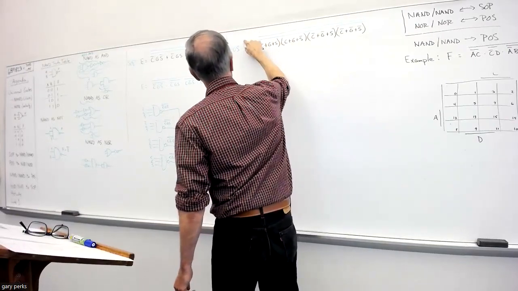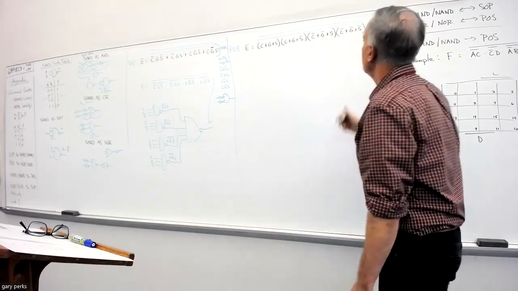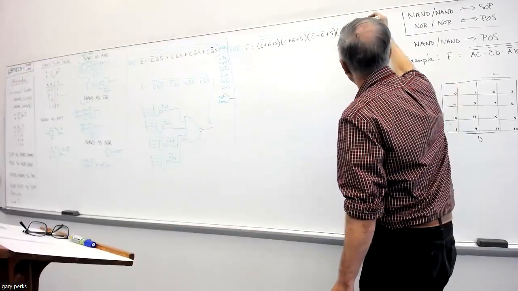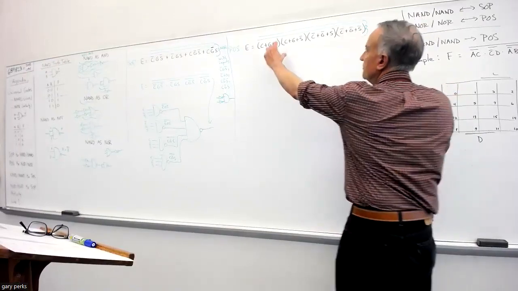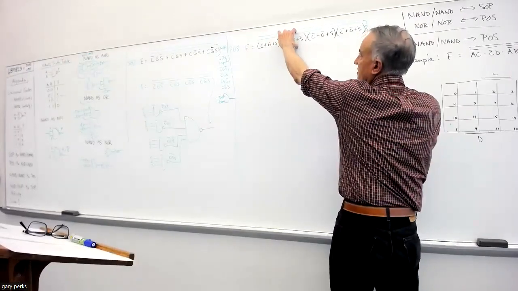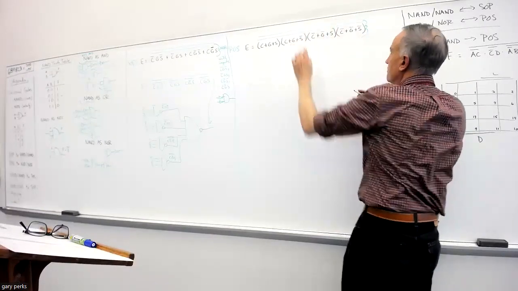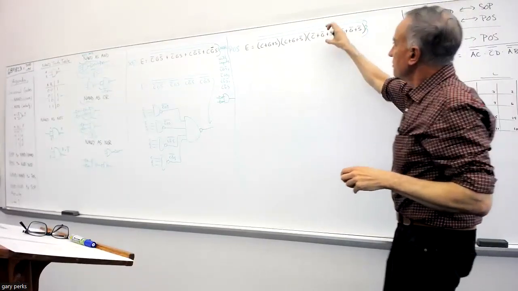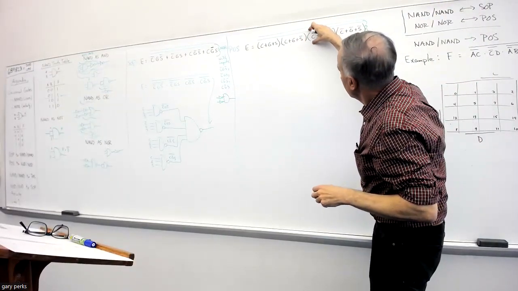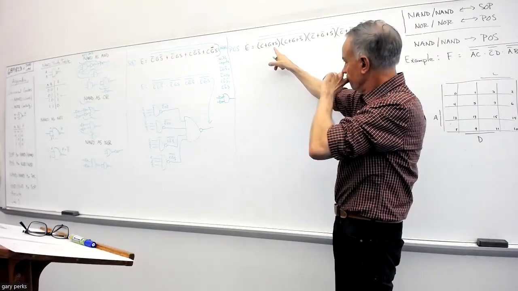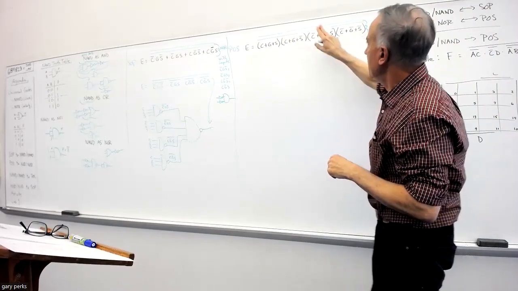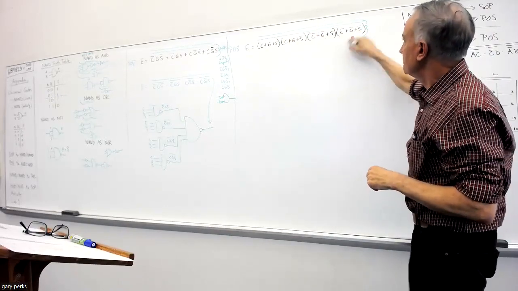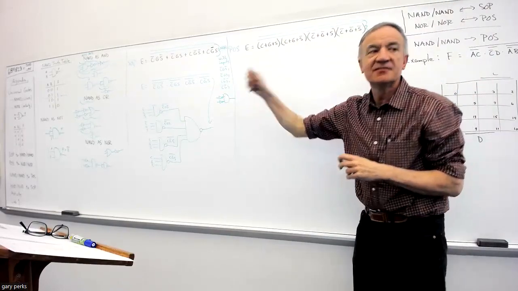Again, that's the same as just E. Now we're looking just at this bar and what's underneath. We're ignoring the top bar. Just looking at this part of our expression, we have this term ANDed with this term, ANDed with this term, ANDed with this term, the whole thing NOTed.